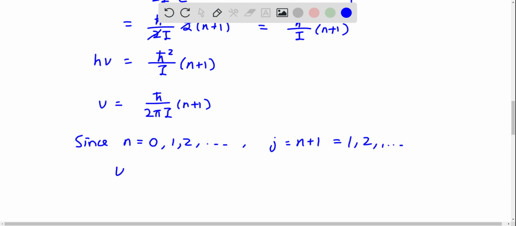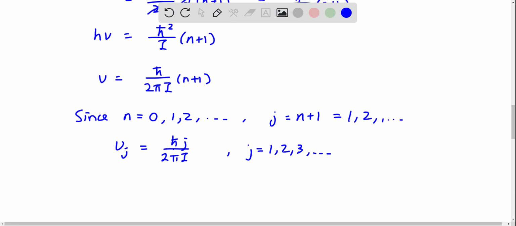So nu j is h bar over 2 pi I times j, where j is equal to 1, 2, 3, and so on. That's how we can arrive at the spectrum, which is the hint or the answer given in this part.